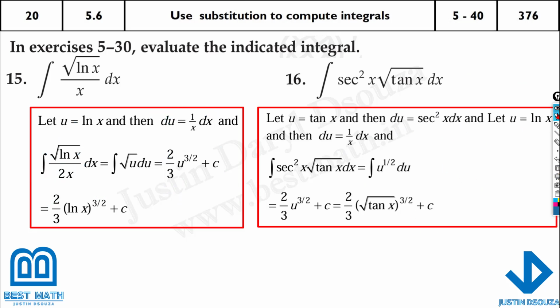Here, the final answer is wrong. Again, apologies for this. Here, there is no square root. The square root is the error. This should not be there. It is only tan x to the power 3 by 2 because we have already simplified using the square root. So this is now correct. See over here, u is tan x. The square root was the mistake over there.